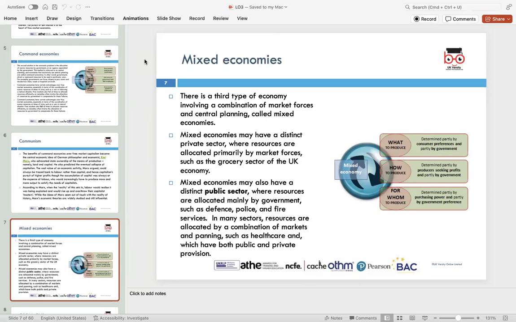Public and private providers frequently work together in certain industries, such as healthcare, to provide services.